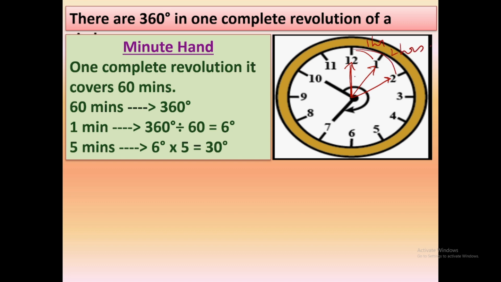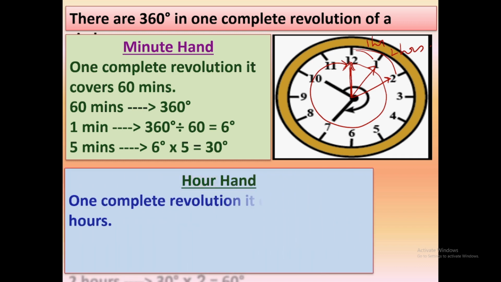In the same way, if the hour hand moves and comes back to 12, it has covered 12 hours. Just see it here. In one complete revolution, the hour hand covers 12 hours.